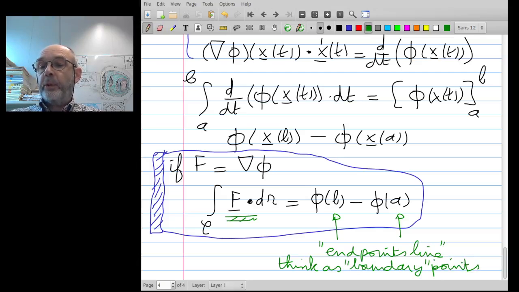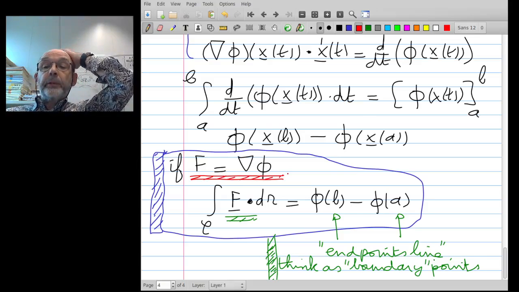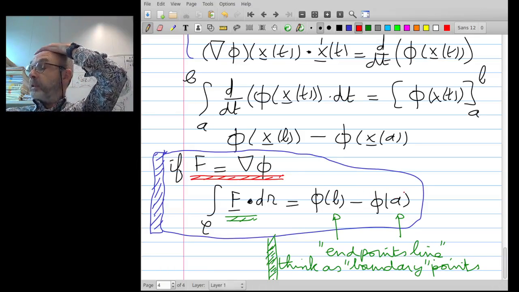So you have here a first result for vector fields, where you are manipulating. If your vector field has a certain form, in this case that you know your vector field is the gradient of some potential, then if you calculate the work done to come from the one point to the other point, that is nothing else than the potential in the end point minus the potential in the begin point.